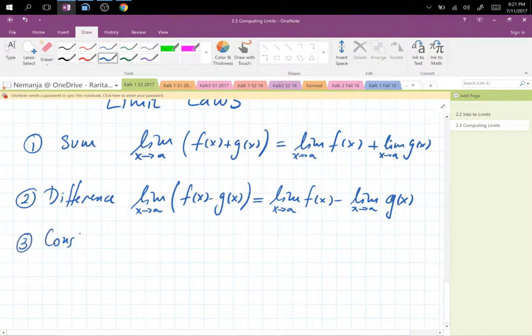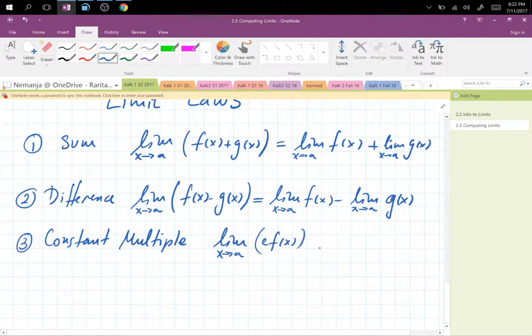Then the constant multiple. If you have a constant multiple, you can kick the constant in front of the limit, and just perform the limit on the function. Then the product.